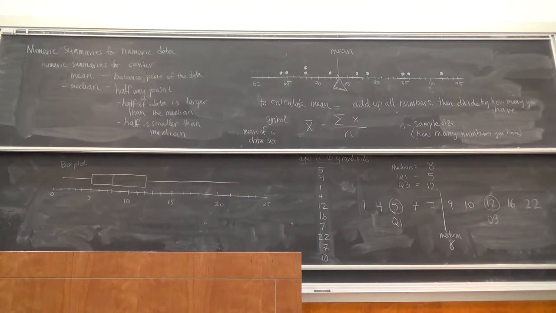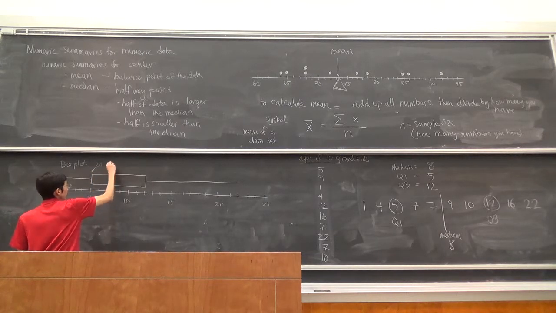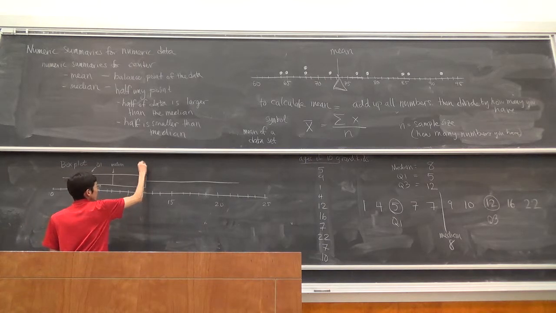So actually let me extend my text. Okay. The box itself is defined by 3 lines. We have a line at Q1, a line at the median, and a line at Q3.